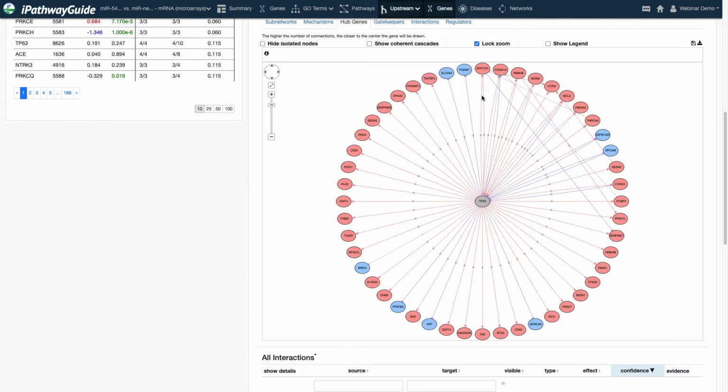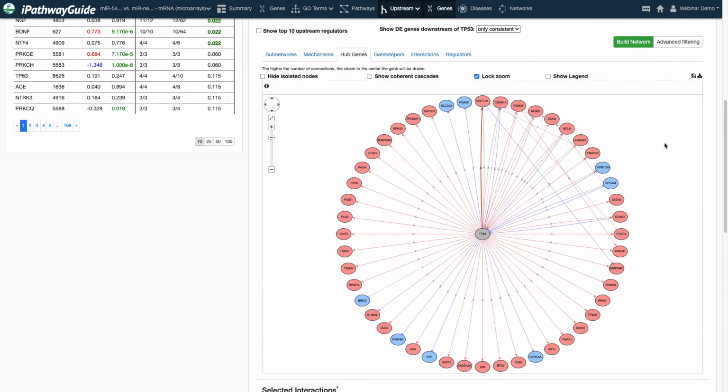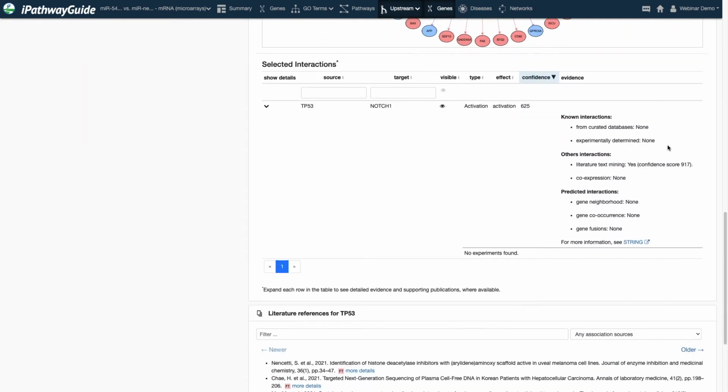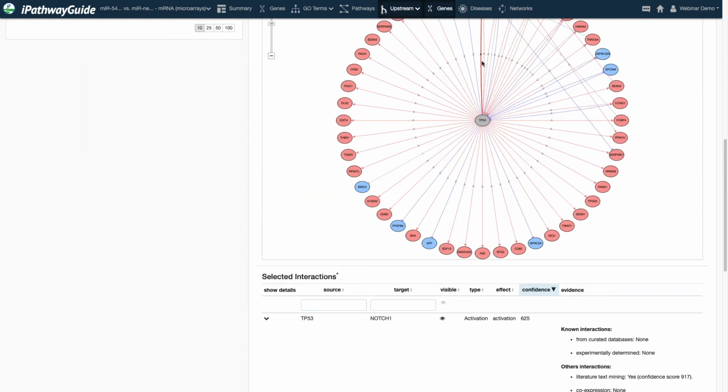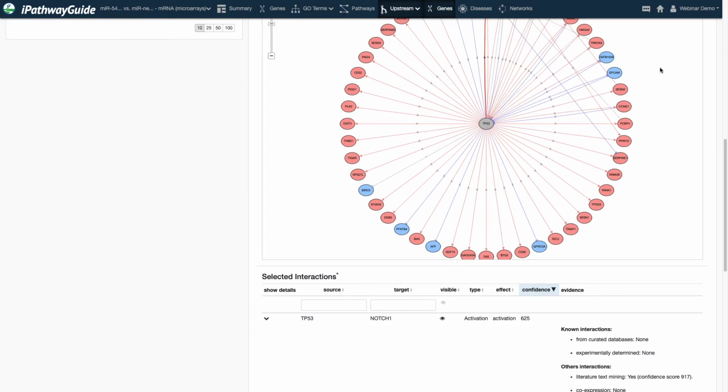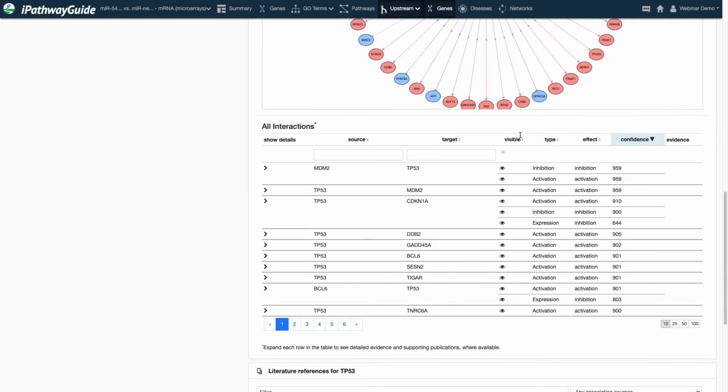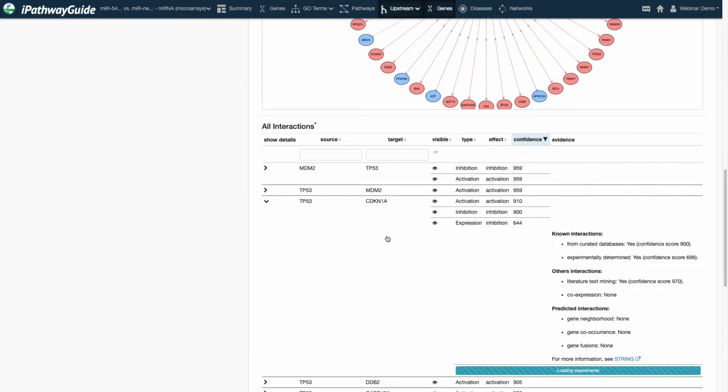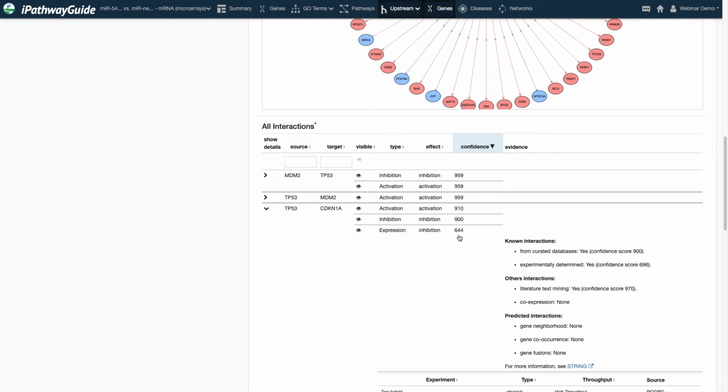If you're interested in any of these specific interactions and want to know how we came to that conclusion, there is a table below with full evidence for every single edge. And you can look at each interaction and see the score. This confidence score goes from 0 to 1,000, and it tells you how strong the evidence is for that interaction.